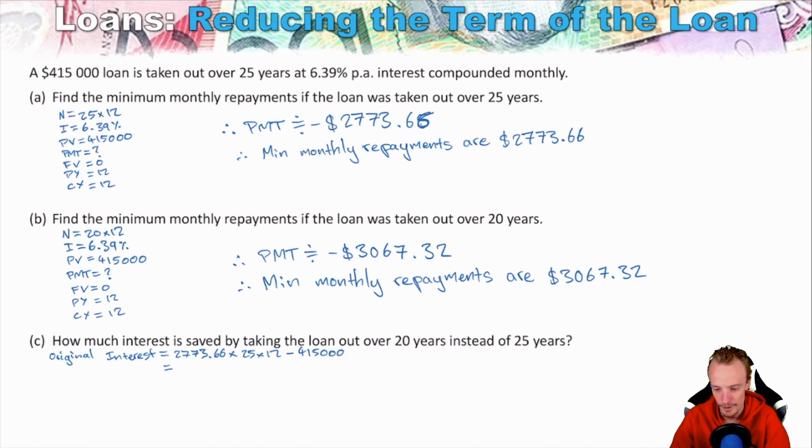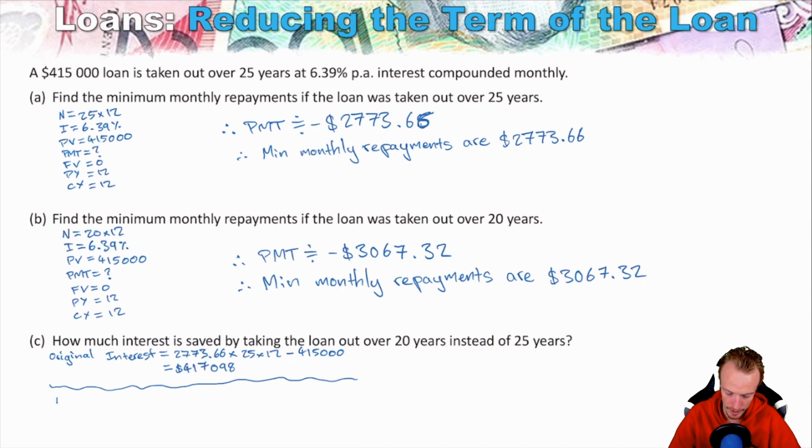Pretty sure I've done that every single video so far. So that'll be $417,098. By the way, you could do this instead of doing the interest. I like to play with interest. You can do total cost instead and do a comparison of total cost. It works the same. And depending on what the question's actually after, you might need to look at costs. Sometimes you might need to look at interest, so that's something just to be aware of.